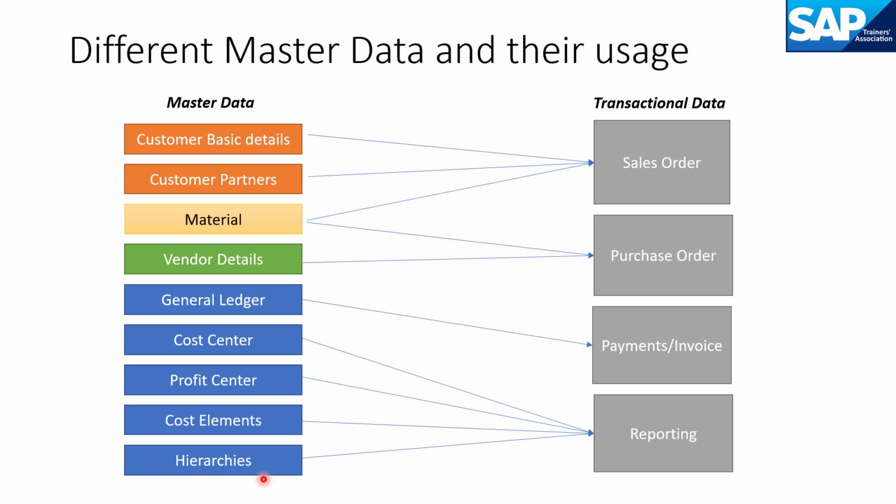Your cost center number, your profit center number doesn't change. If you don't understand these terms, don't worry about it. In your MDG detailed training, these are covered in detail, so you don't have to worry about this at this point. The important thing is that general ledger, cost center and some of the financial master data doesn't change. Vendor details, material, customer number, this you already know.